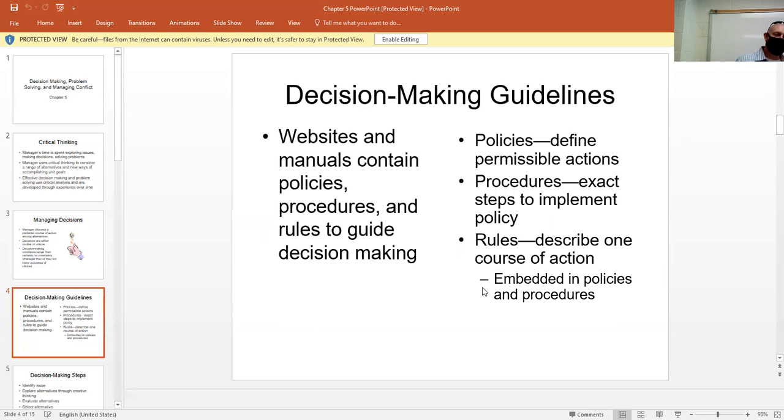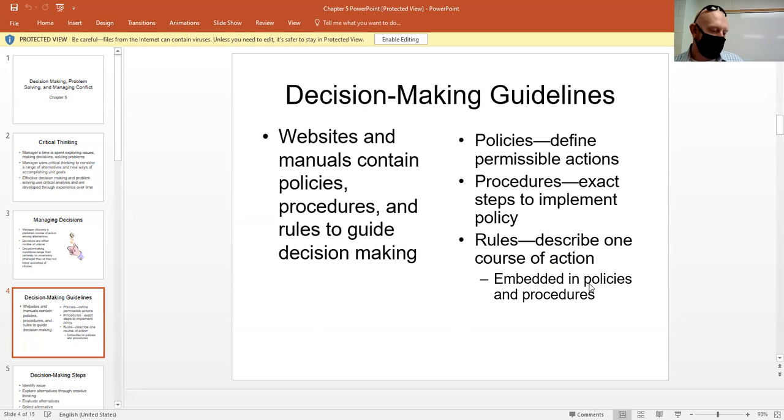Some other things that you can base guidelines on: policies define what is permissible or what is allowed as far as action. Procedures are the exact steps to implement policy, and rules describe one course of action. And they're usually embedded in policies and procedures.